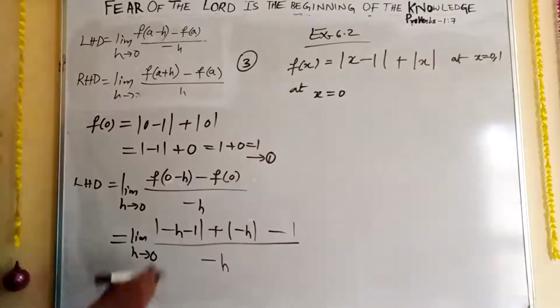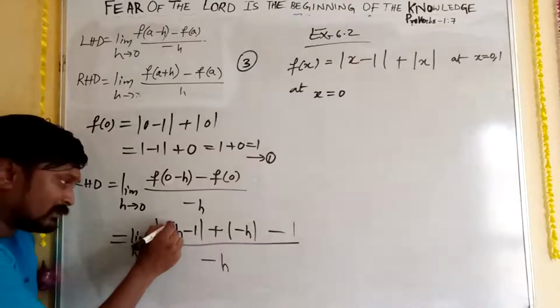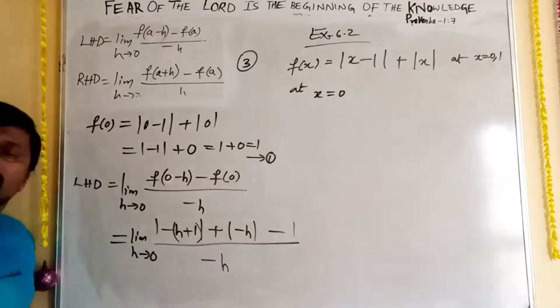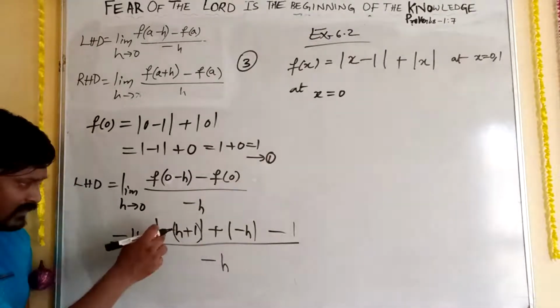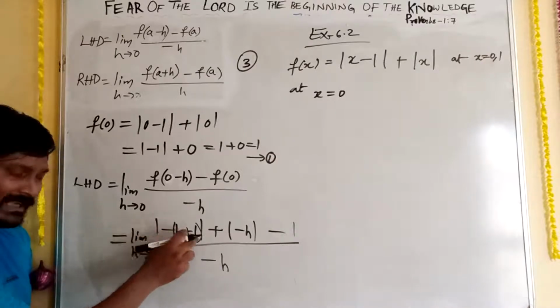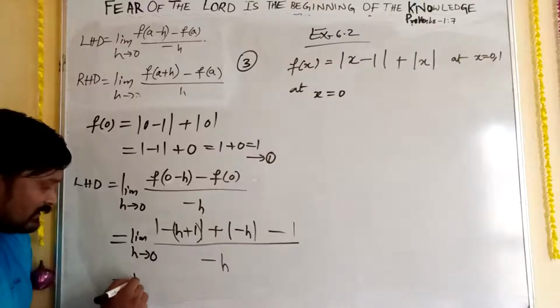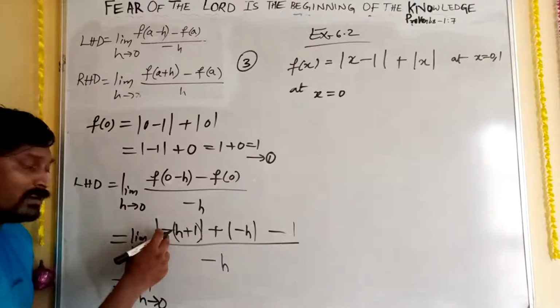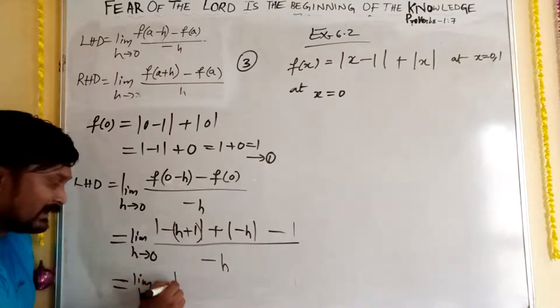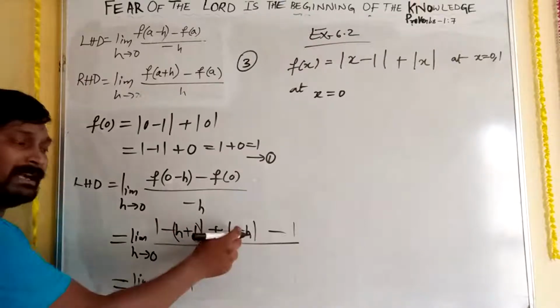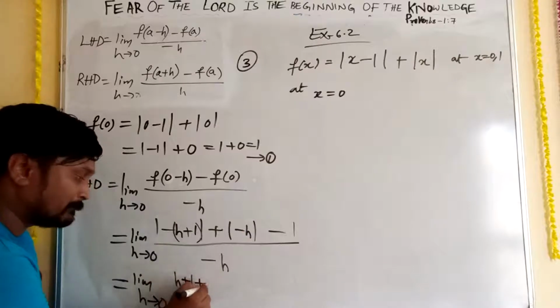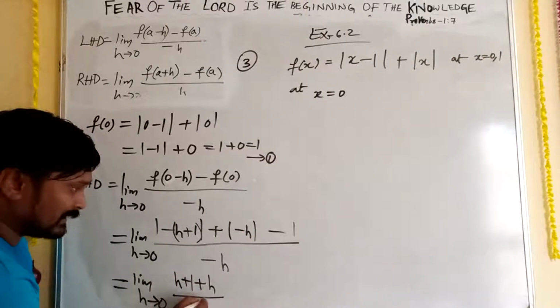So now simplify here. Take minus common: modulus of minus of h plus 1. When you have a minus symbol for a single term, then we can write it as a plus. So now limit h tends to 0, modulus of minus of h plus 1 is nothing but h plus 1. Here modulus of minus h is nothing but plus h, upon minus h.